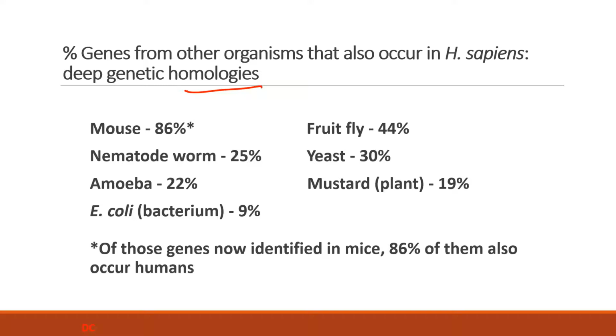Amoeba is also a single cell organism. Bacterium, single cell organism. Mustard plant, 19%. We're more similar to a single cell organism than we are to a mustard plant. What happened? But that makes sense. You can compare these things. This also gives you a reason why a human and a fruit fly, or a human and a rat, can't breed: we're just too genetically different.